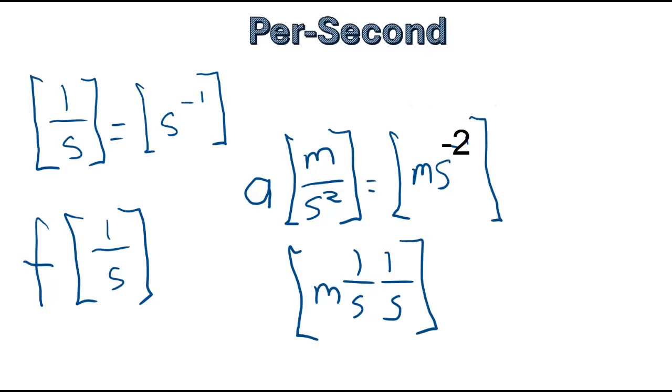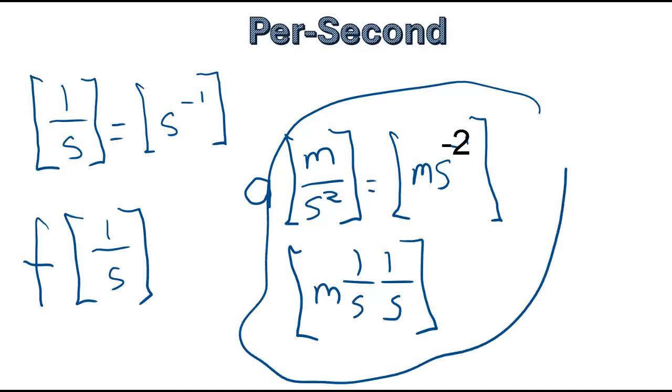These are all equivalent ways of writing the units for acceleration. The problem with writing frequency as per second is that we can't distinguish it from the per second in acceleration, because that is not cycles per second, it's meters per second squared. So this per second is not the same as this per second.